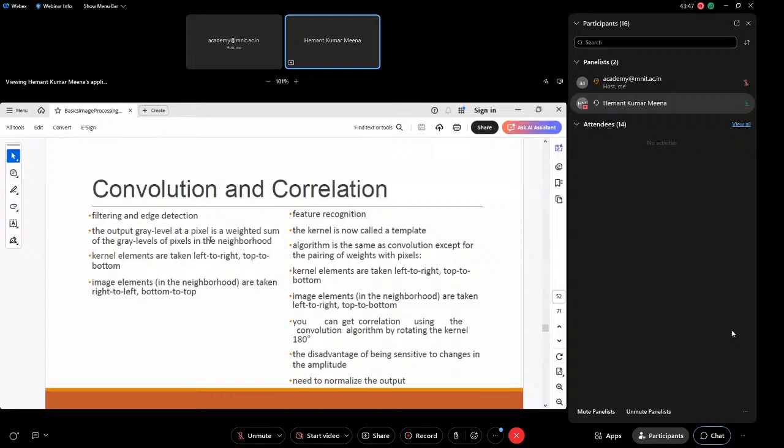The output gray level at a pixel is a weighted sum of the gray levels of pixels in the neighborhood. Weighted sum means we multiply all these 9 values for a 3 by 3 filter, and the collective sum represents that one. Image elements are taken right to left, bottom to top. That has been shown, how you perform this operation as you move across that summation.